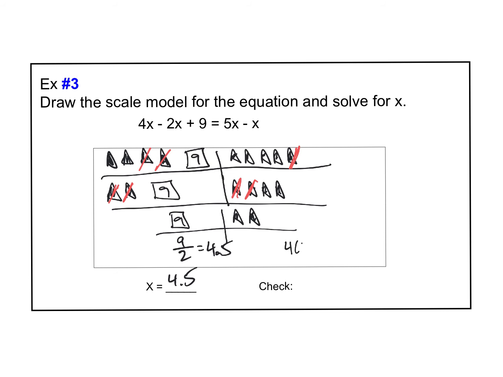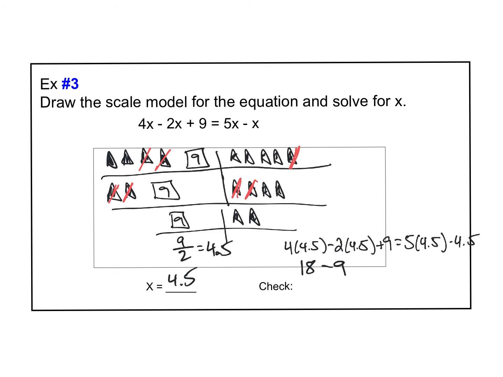Doing our check, 4 times 4.5 minus 2 times 4.5 plus 9 is equal to 5 times 4.5 minus 4.5. So 4 times 4.5 ends up being 18.